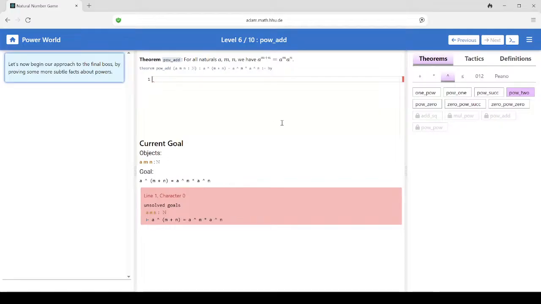It's kind of like the distributive property, but for exponents. So where do I start with this one? I'm guessing I need to use induction.